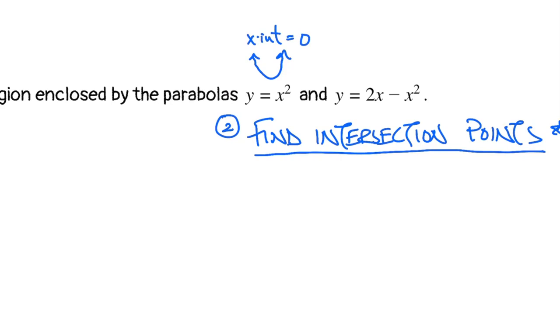Tell me about that parabola. What do we know about that parabola? It is downward facing, good. And what are the x-intercepts for this parabola? How did you know that?